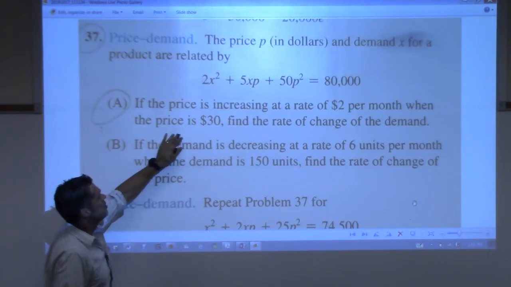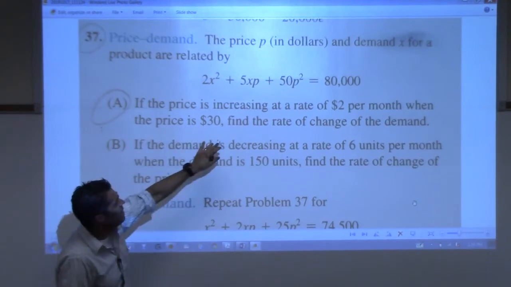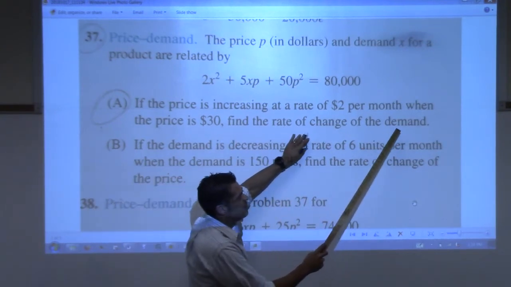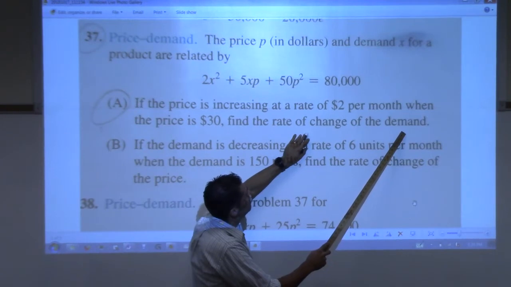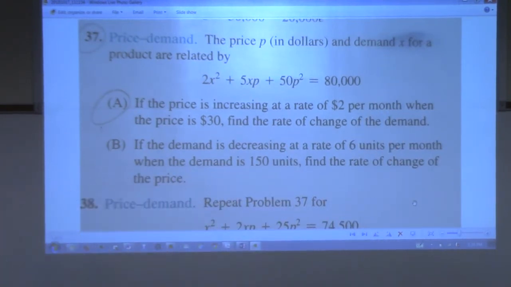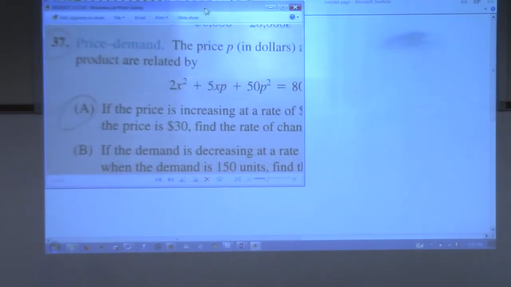When the price is $30, find the rate, derivative, right, of change in demand. And what is demand in our problem? X. Okay, so let's see if we can't take all of that word problem that we just read and turn it into some mathy stuff.